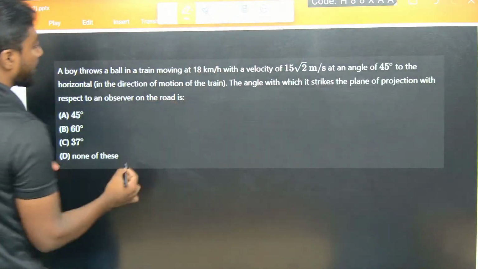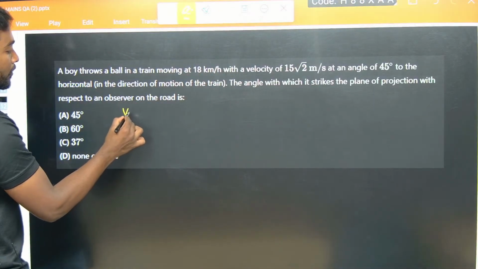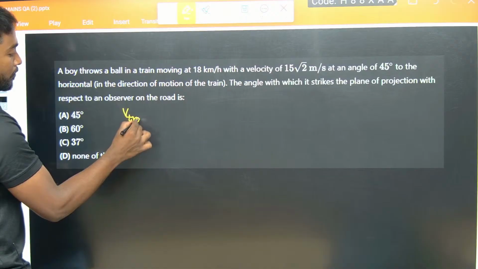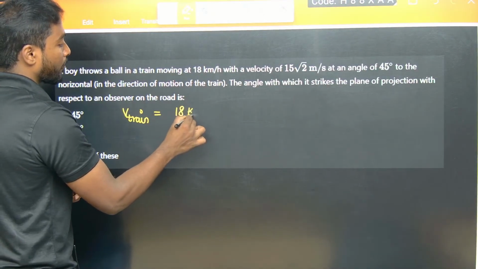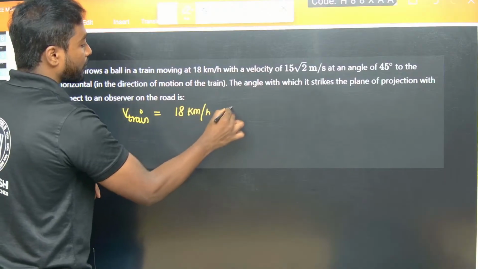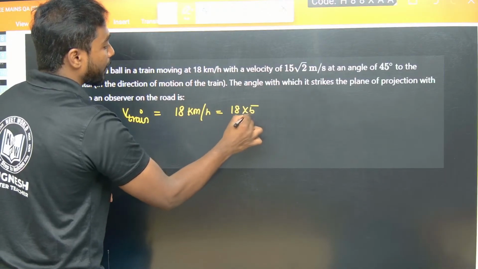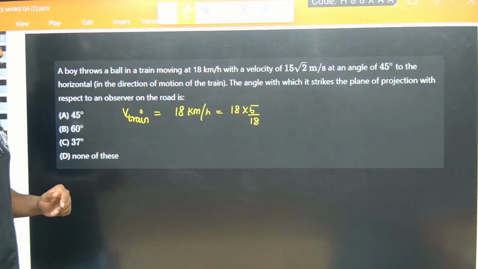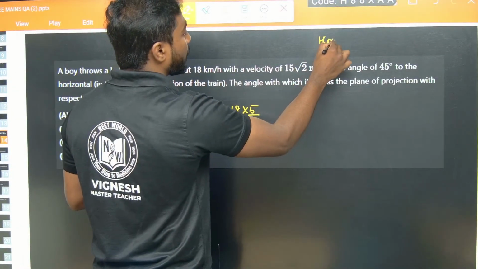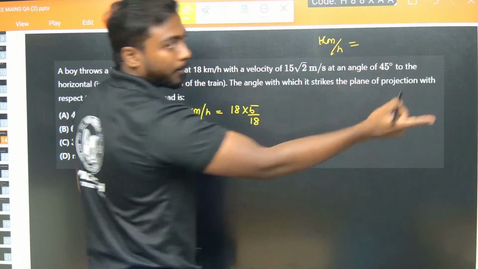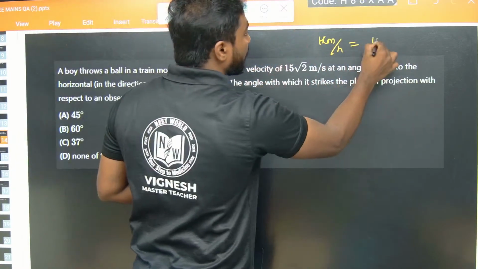For the train, the velocity of the train should be equal to 18 kilometer per hour, which is nothing but 18 into 5 by 18 meter per second, right? So, kilometer per hour to meter per second: 1 kilometer is equal to 1000 meter.